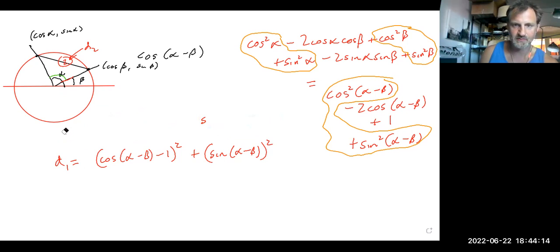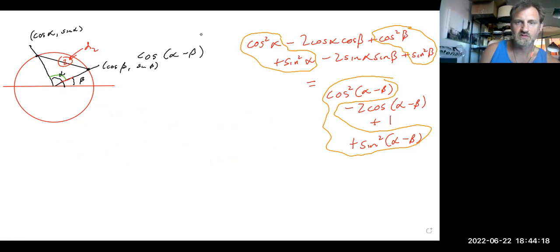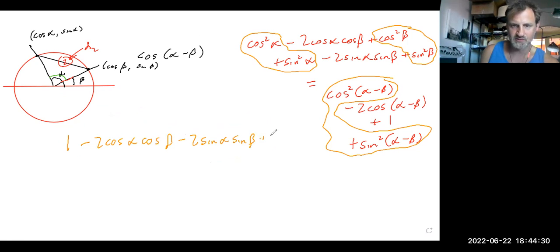D2 here. So we've got 1 minus 2 cosine alpha cosine beta minus 2 sine alpha sine beta plus 1 equals 1 minus 2 cosine of alpha minus beta plus 1.